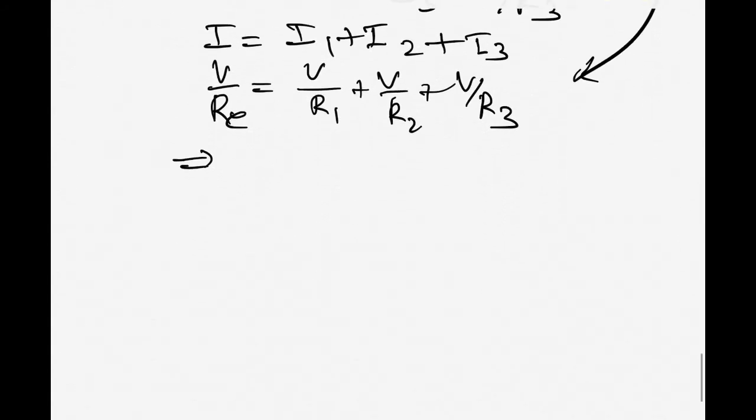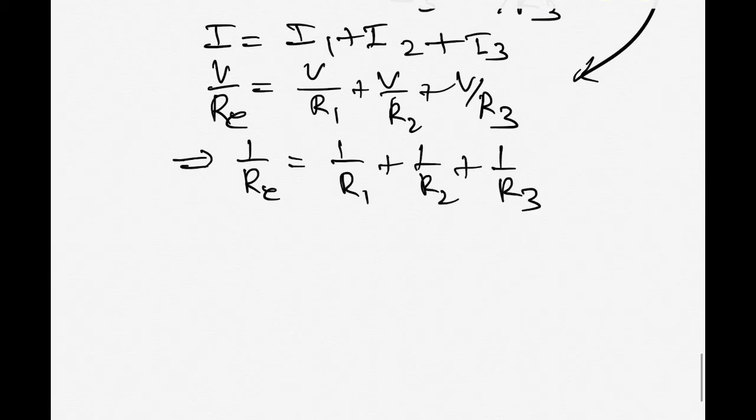So 1 upon equivalent resistance equals 1 upon R1 plus 1 upon R2 plus 1 upon R3. Here the reciprocal of the equivalent resistance of the circuit is equal to the summation of the reciprocals of each individual resistor in the circuit.